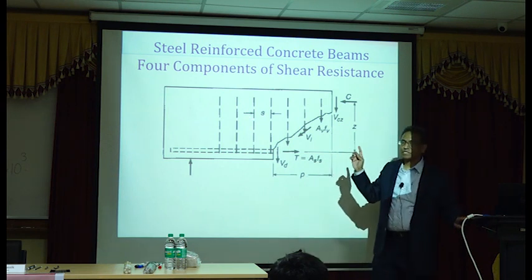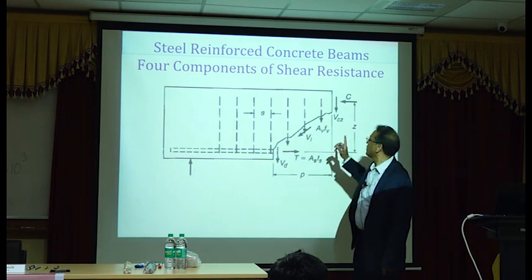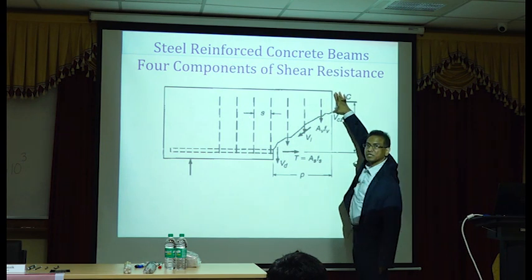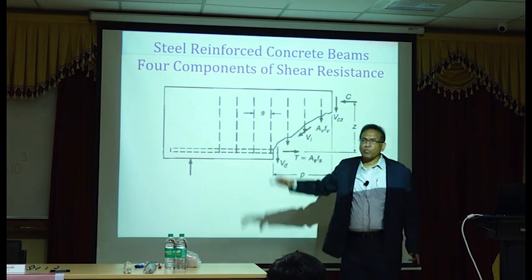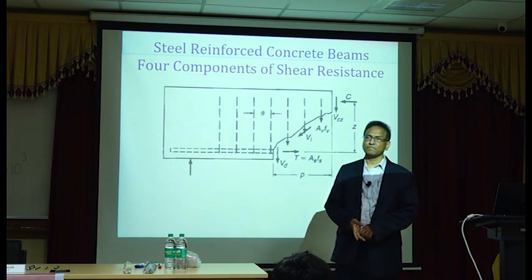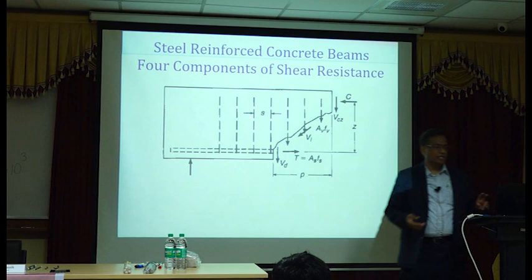In FRP reinforced concrete beams, we will not use the full effective depth as the shear area. We will only use this depth. And what will that do to my shear resistance? Reduce it significantly. So that's one difference.